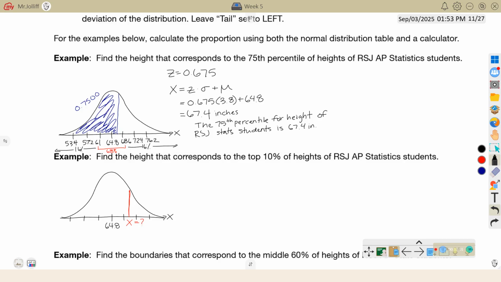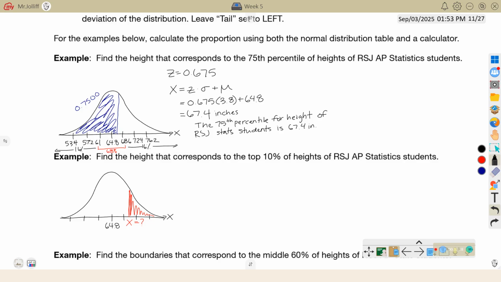And I need to know whether that top 10% is a left tail or a right tail. It's a right tail. Very good. I'm going to shade this way. And I know that regardless of table or calculator, I do not want a right tail. I want a left tail.